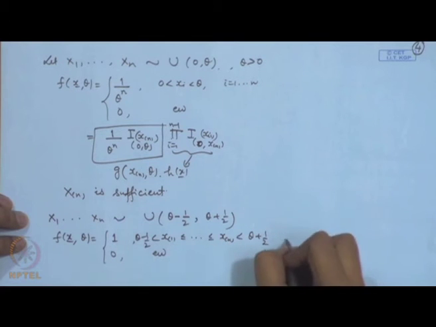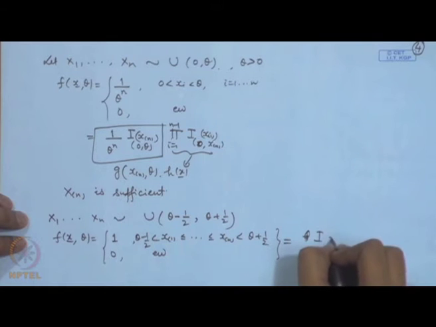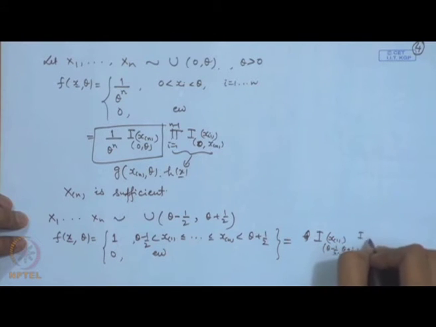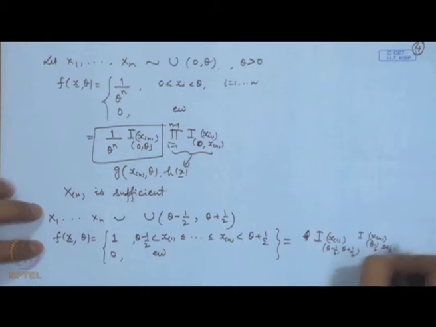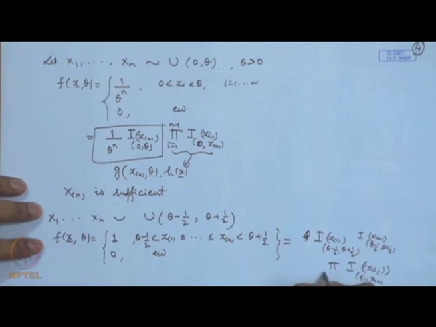So, this part we can incorporate as the indicator function of x 1 from theta minus half to theta plus half, and the indicator function of x n from theta minus half to theta plus half, and the remaining order statistics lying between x 1 and x n, i is equal to 2 to n minus 1.